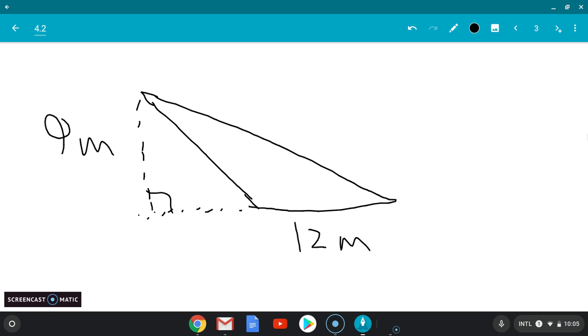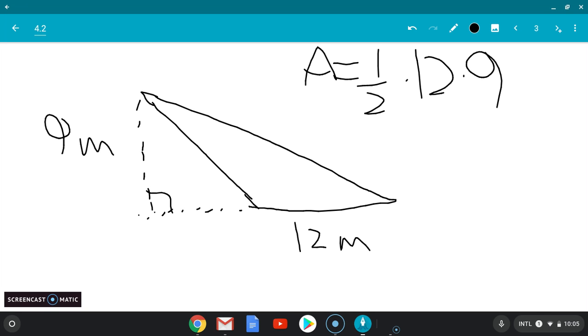Same deal, we're going to do our area equals 1/2 times our base of 12 times our height of 9. If we plug this into the calculator, I'm going to enter 0.5 times 12 times 9, and I get an area of 54 meters squared.